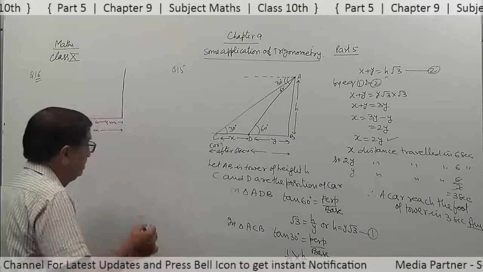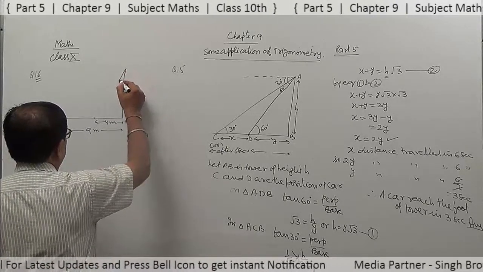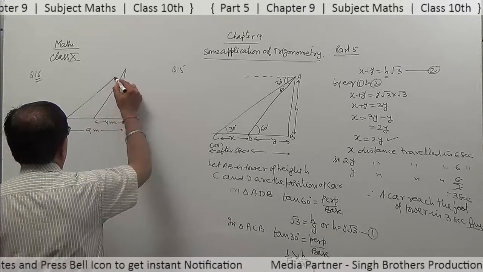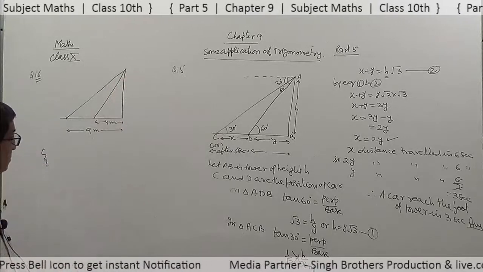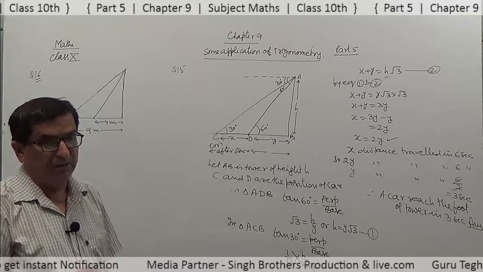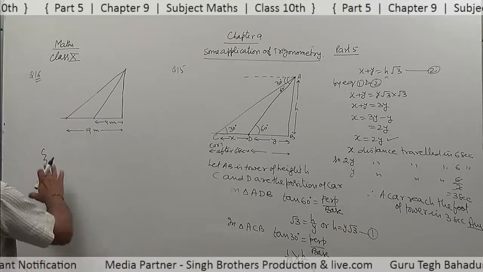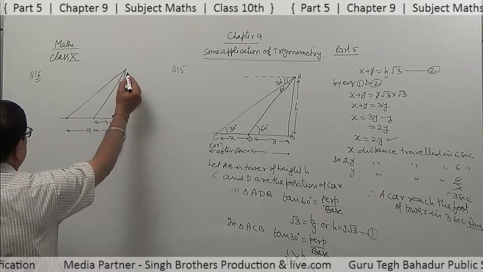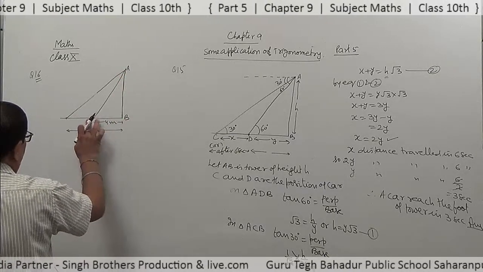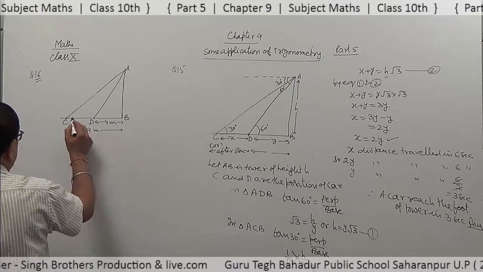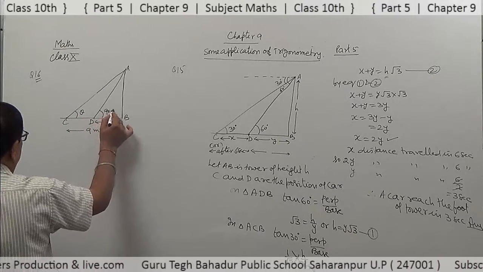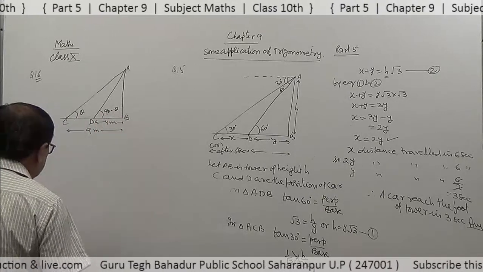Complementary angles are two angles whose sum is 90 degrees. So we will suppose one angle, let angle C be theta, so D will be 90 minus theta.